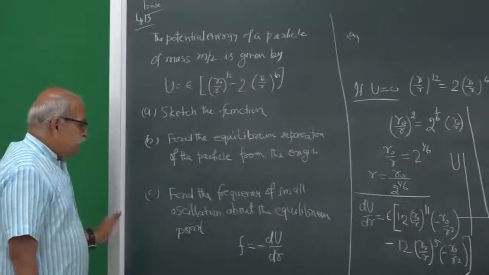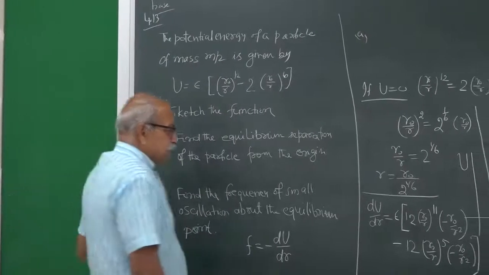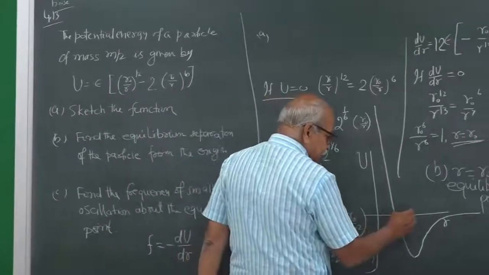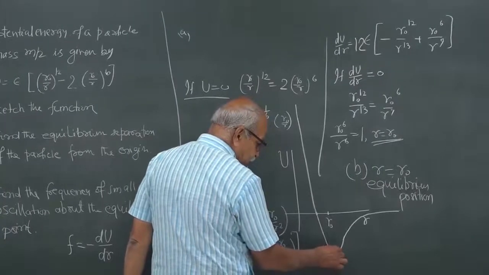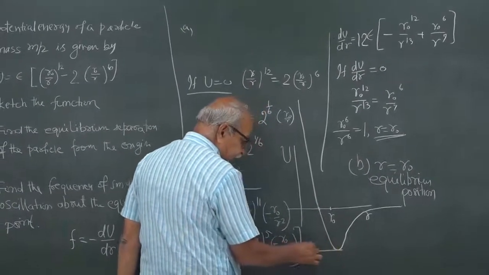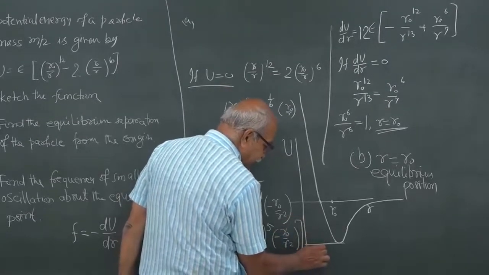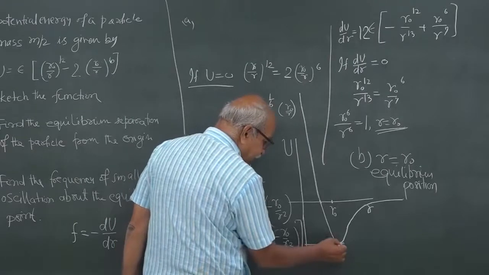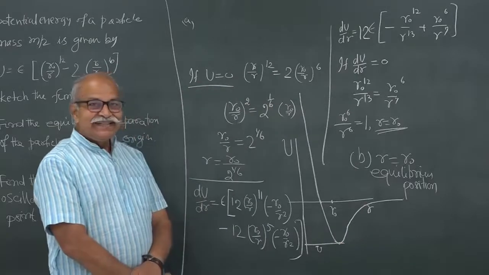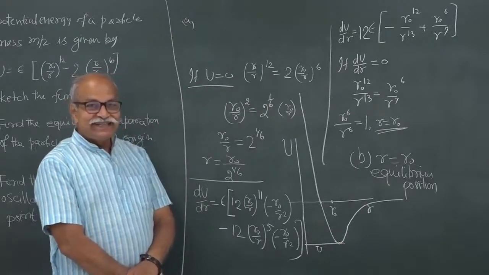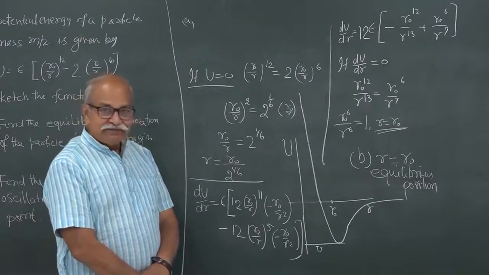Then the C part, find the frequency of small oscillation about the equilibrium position. So, if the particle is here and the energy is just this, if this is the total energy, and total energy is equal to the potential energy, then the kinetic energy is 0 and the particle does not move.